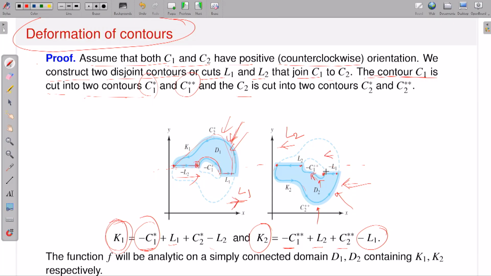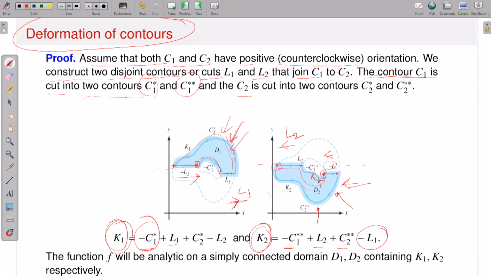So I start from here, take minus C1 double star, then L2, then C2 double star, and by taking minus of L1 I come back to the same point where I started. Again this contour K2 is a simple closed contour sitting fully in the blue shaded region, which is simply connected.